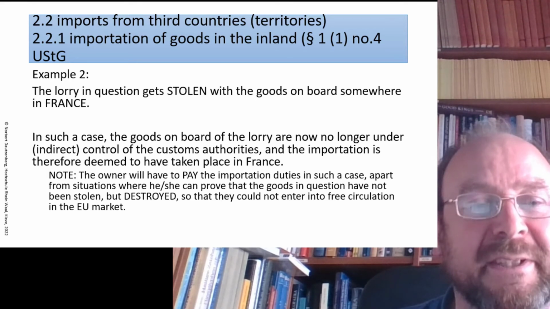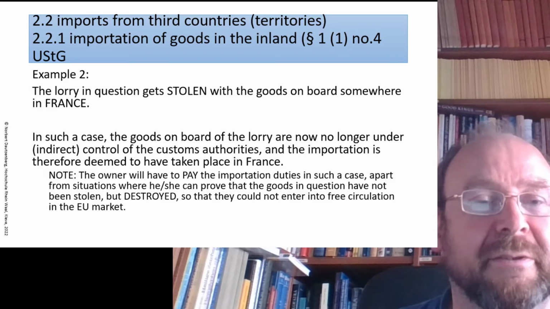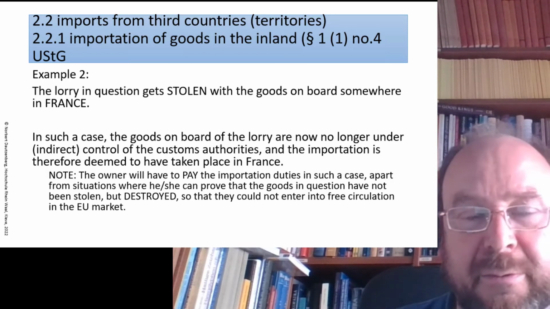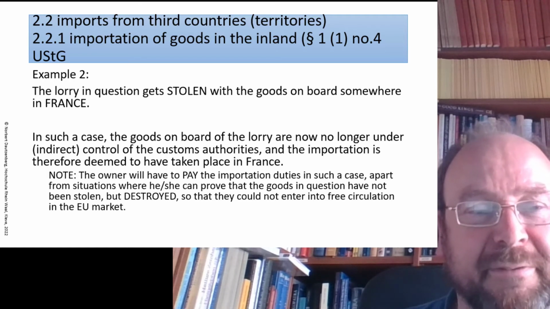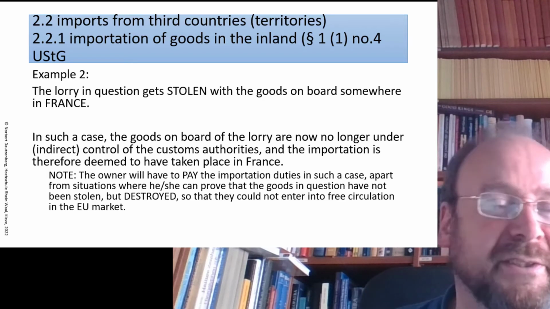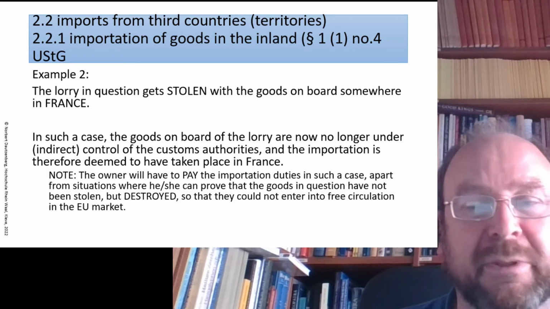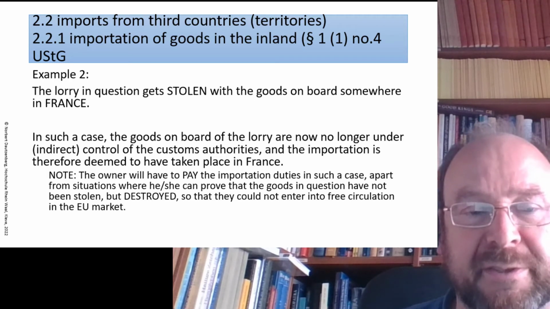Now, if something happens, you guarantee that they will not go into free circulation. And, well, if something happens which you didn't foresee, nobody asks if you wanted it or not. If it's just bad luck, well, it's your bad luck. Then you have to pay the importation VAT and the customs duties.